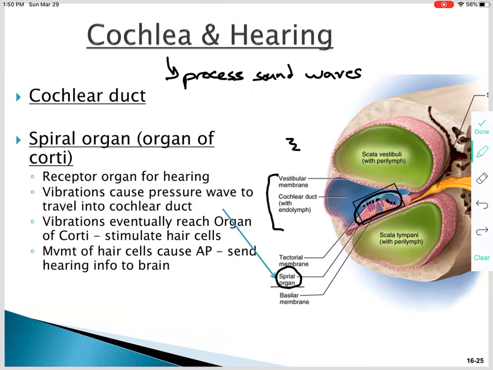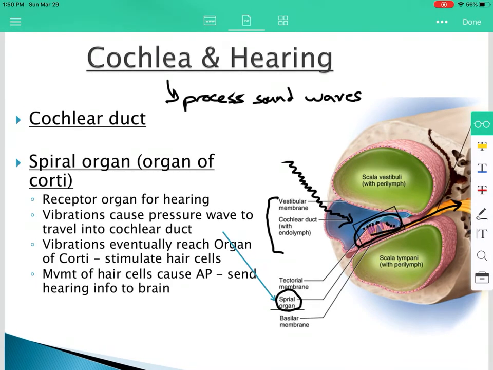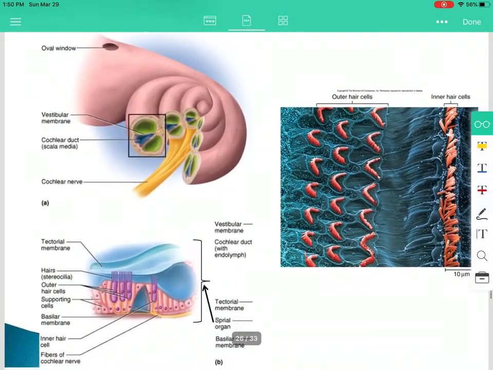As the sound waves come in from the external ear, middle ear, to the internal ear, those sound waves vibrate and move the hairs. As the hairs move, the cells beneath take that movement as information and send nerve impulses, or action potentials, to the brain so we can actually process it.